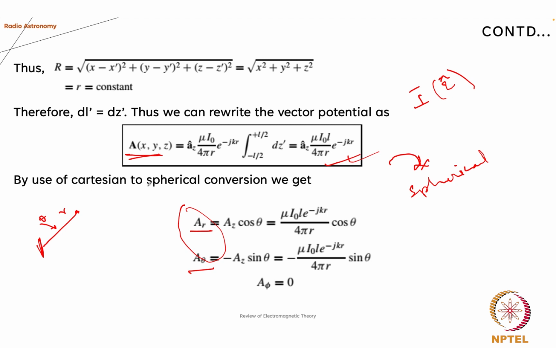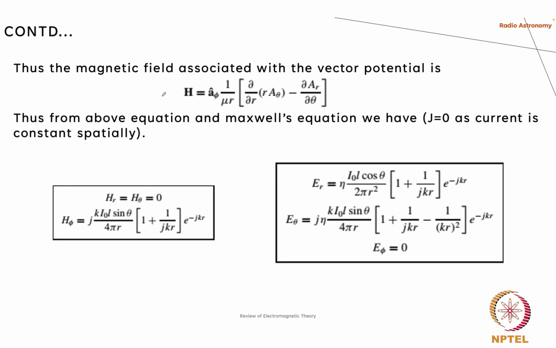Now we know that the vector potential A is related to the magnetic field B by a curl relation. So we will have an H field in the phi direction. If you remember correctly, you have current in the Z direction.